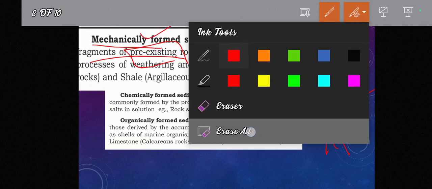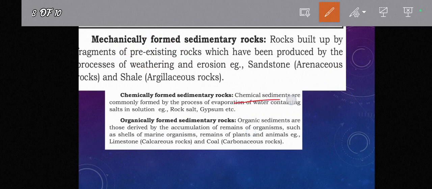Chemical sediments are commonly formed by the evaporation of water solutions, for example rock salt and gypsum. So this is formed chemically. And finally, organically formed sedimentary rocks.